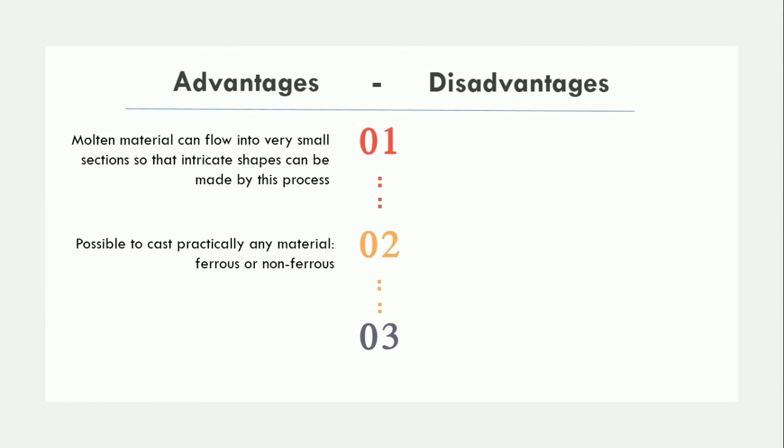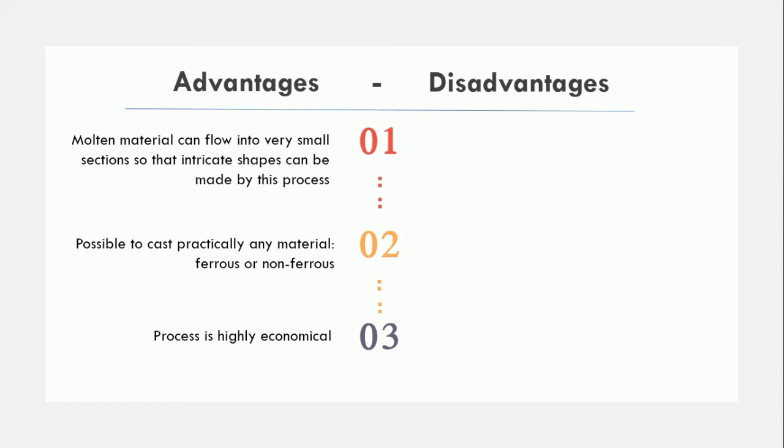Second one, with this process it is possible to cast practically any material, that may be ferrous or non-ferrous. The third advantage is that the process is highly economical compared to other machining operations. So this is all about the advantages of sand casting.